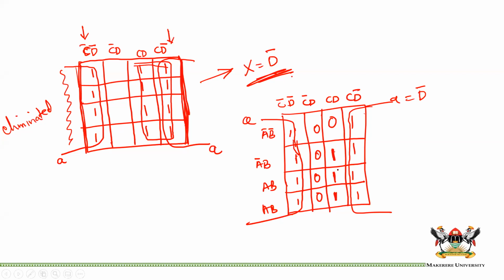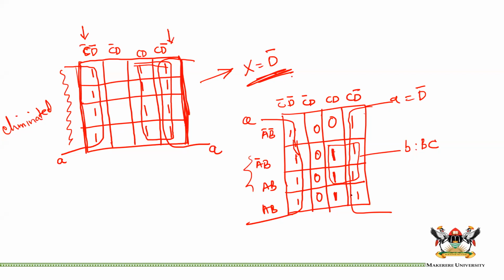It's quite interesting now what we are about to do, so look carefully. We have this 1, 1, and a 1. So this one can create a loop of 4. You see? So we have a 1 which is not yet resolved or looped. We can loop them with these 2 which are looped already. And this loop B will give us, on the vertical side, C, which is not changing. And on this side, we are going to have B, all right? So we have BC.